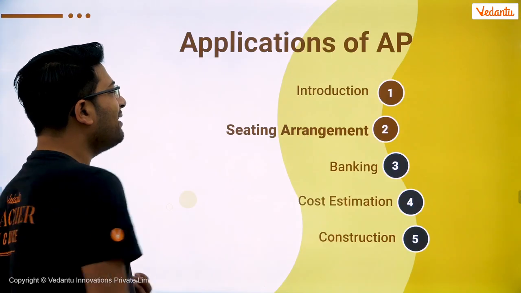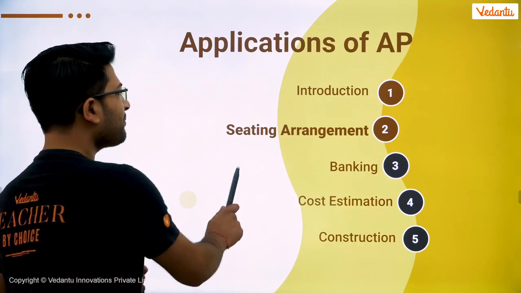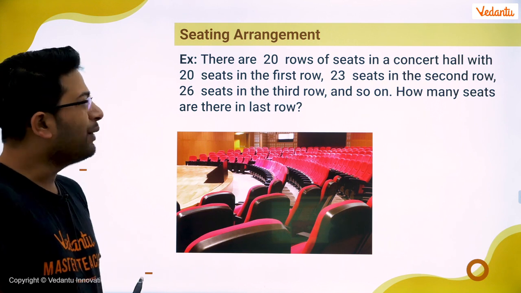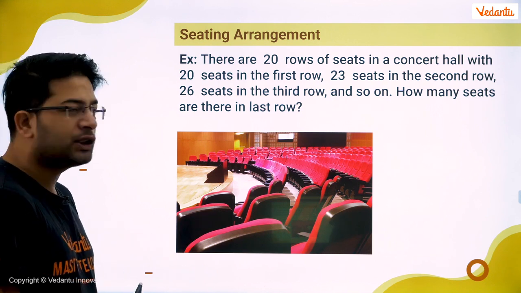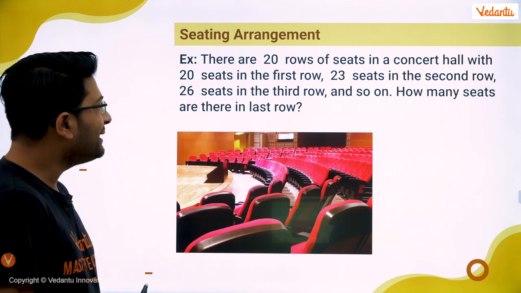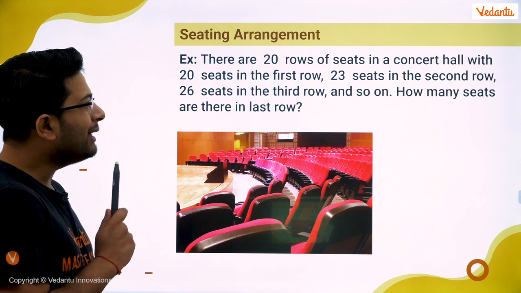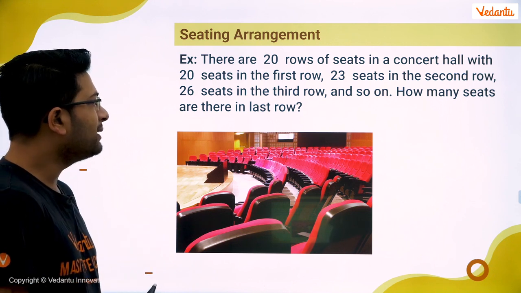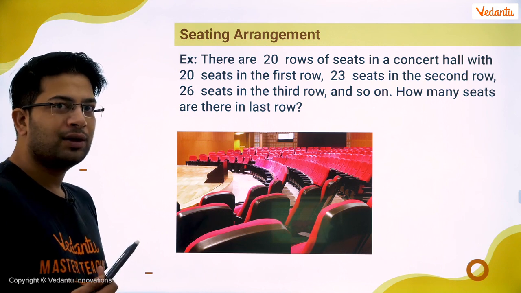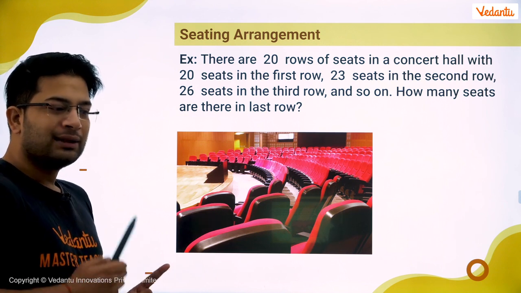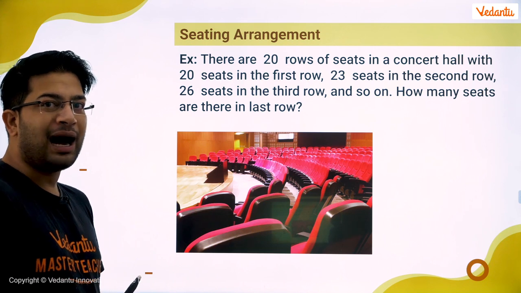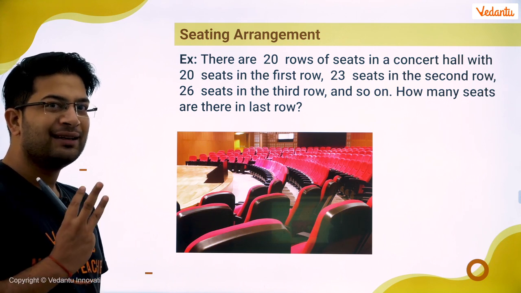So let's get started with the sitting arrangement, champ. Look at this question. There are 20 rows of seats in a concert hall, with 20 seats in the first row, 23 seats in the second row, and 26 seats in the third row, and so on. Can you see that in the next row the number of seats is increasing by 3? Yes.